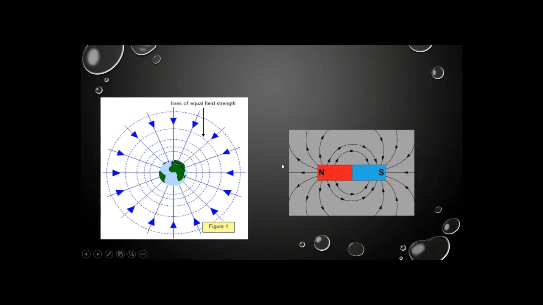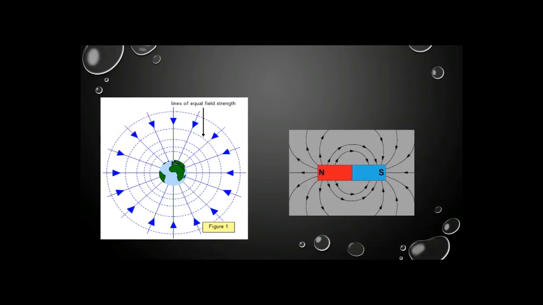Okay, now we will move toward the magnet. If we place any magnetic material within the field of a magnet, it will be attracted toward the magnet or repelled by the magnet. So we can say that the region around the magnet where we can feel its magnetic effect is considered a magnetic field.